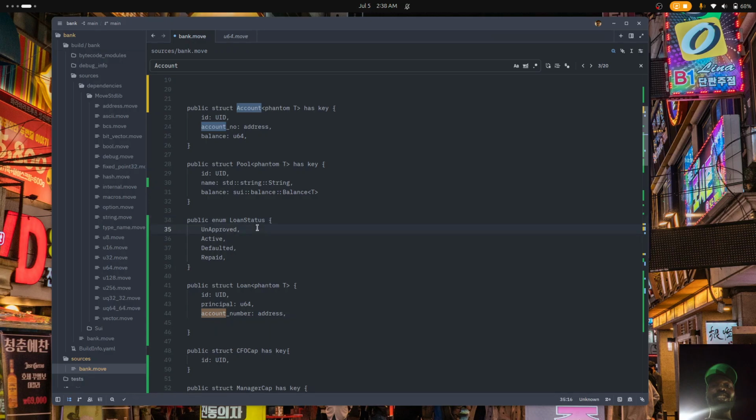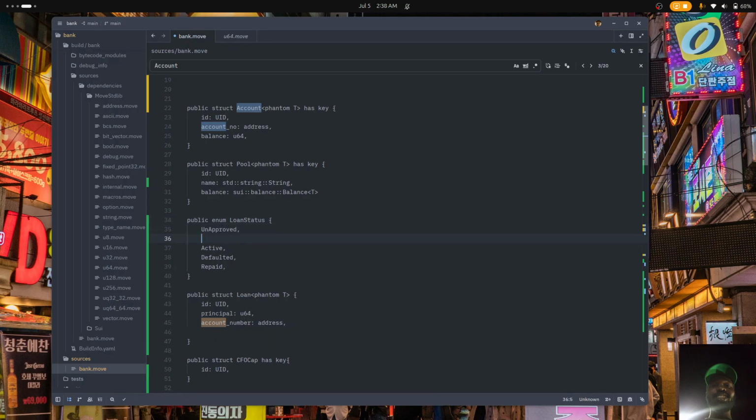If it's not unapproved, if they've interacted with it, it should be cancelled. So it was not approved. Then if it is, it has to move from unapproved to cancelled or active. Then I can actually change it to 4.